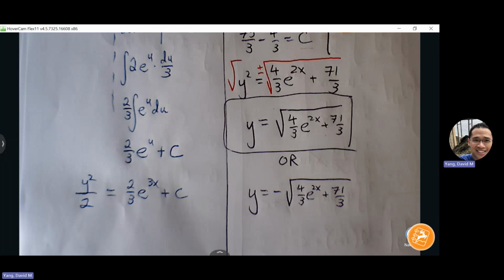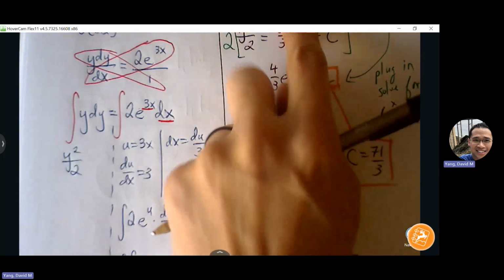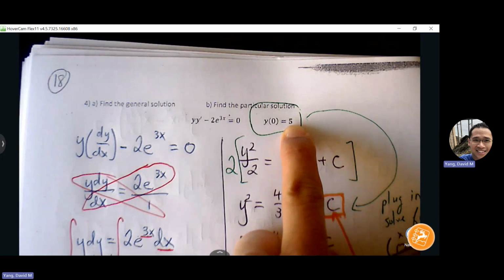Leave your answer unsimplified. As long as the y is by itself, that's good enough. All right, any questions? It's positive 5, that's right. So if it's a negative 5, then you'll choose a negative square root.